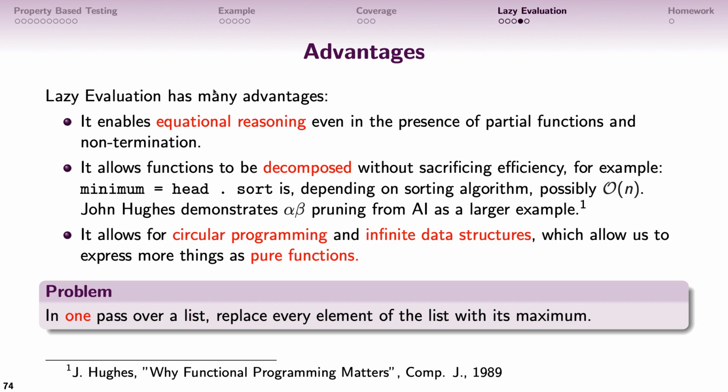So you can't go over the list multiple times, so you can't find the maximum of the list and then go over the list and replace each one of them with its maximum. You can do it in one pass using lazy evaluation.